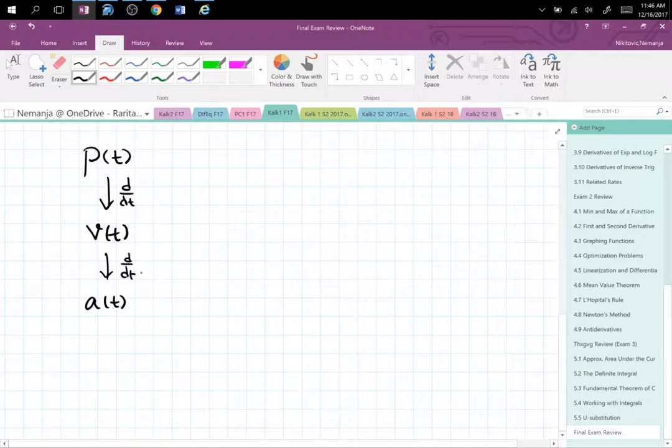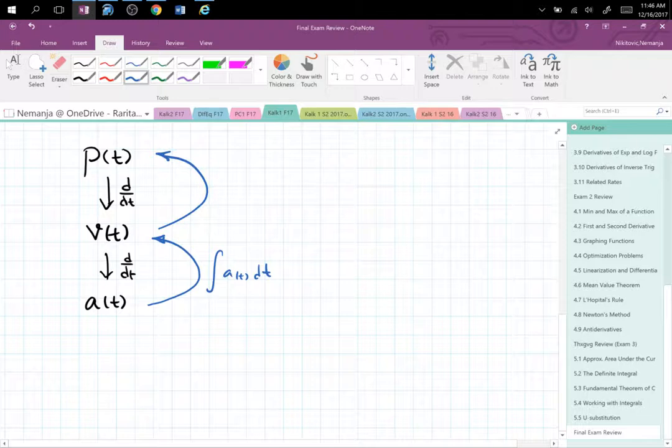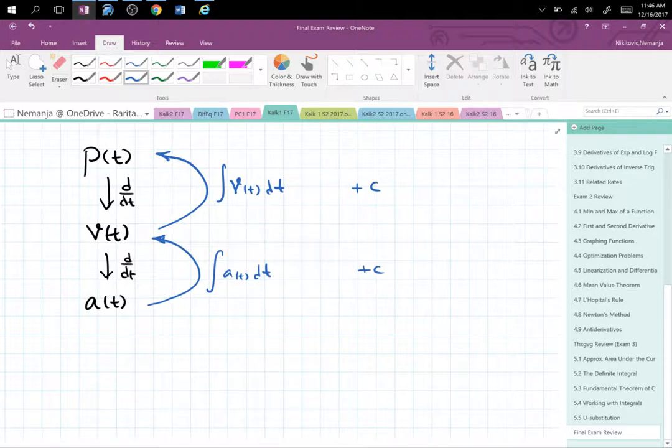But then you can also, here in blue, from the acceleration function, integrate acceleration dt to get the velocity, and then you can integrate the velocity function dt to get the position function. Now, remember that when you integrate this, you will get plus c every time. And the extra values that you are getting are the values that you will use to compute c, so that's the initial condition.